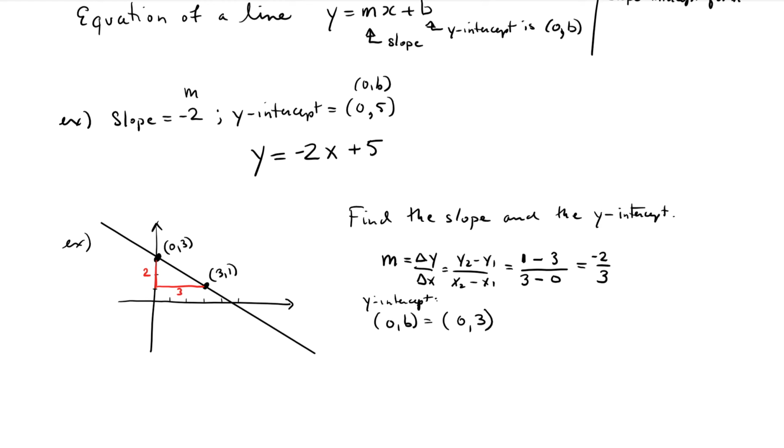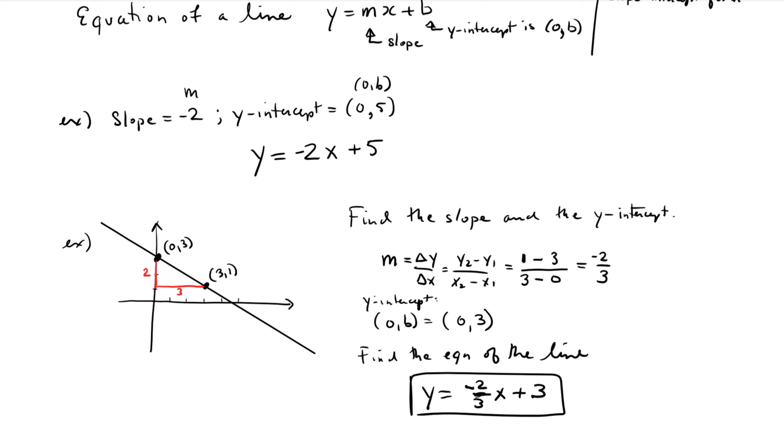Okay, so that was pretty easy. And from this, I could easily recover the equation of the line. Well, it's y equals mx plus b. That's the equation of the line in slope intercept form.